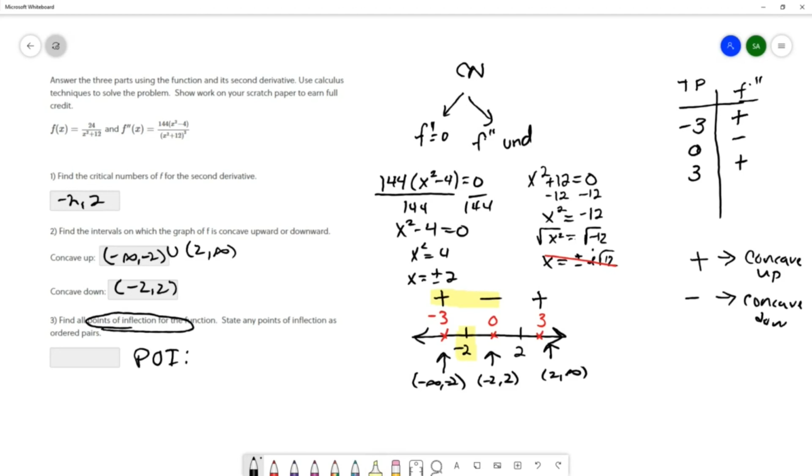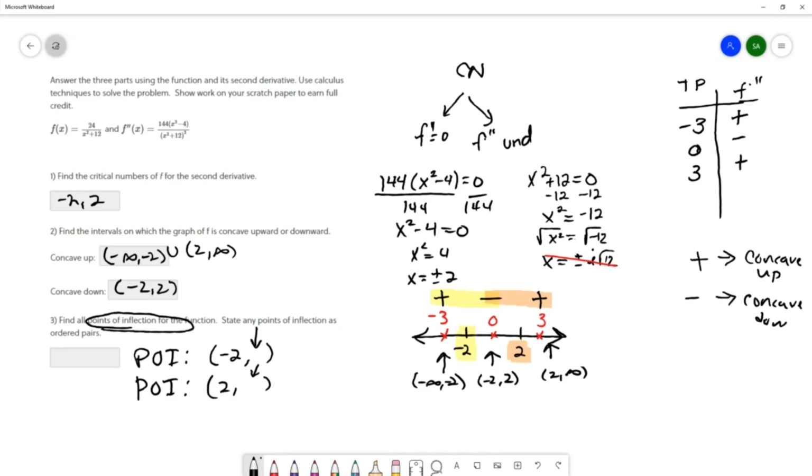So we're going to have a point of inflection at the ordered pair -2, and I don't know the y coordinate right now. We have another change in concavity right here from negative to positive, and so we're going to have another point of inflection at the ordered pair 2, and once again we need to find that y coordinate.